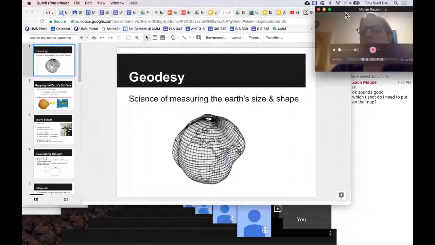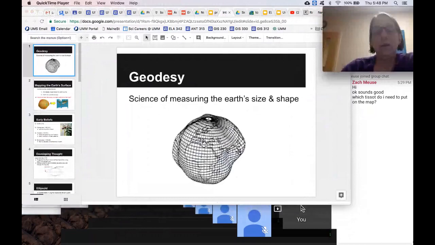So today we're going to talk a little bit about a field of study actually called geodesy. And geodesy is a really interesting science, and it's essentially the science of measuring the Earth's size and shape, and then creating computer models of the Earth.